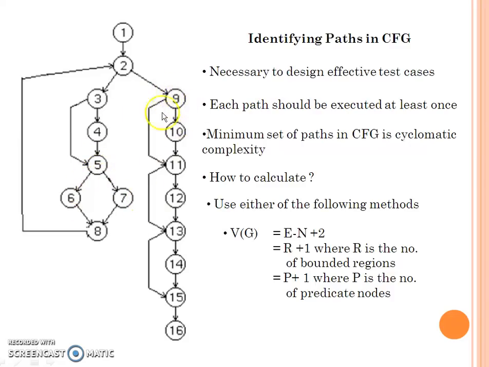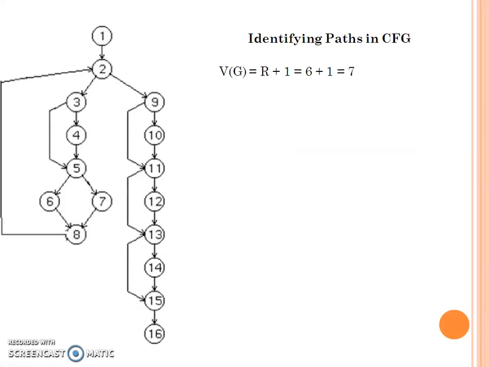One is at 9, there are 2 branches. One is at 11, there are 2 branches. One is at 13, there are 2 branches. So we get 1, 2, 3, 4, 5 and 6 predicate nodes, and 6 plus 1 makes it 7. So all throughout we use the same formula and get the value of Vg, or cyclomatic complexity, as 7.